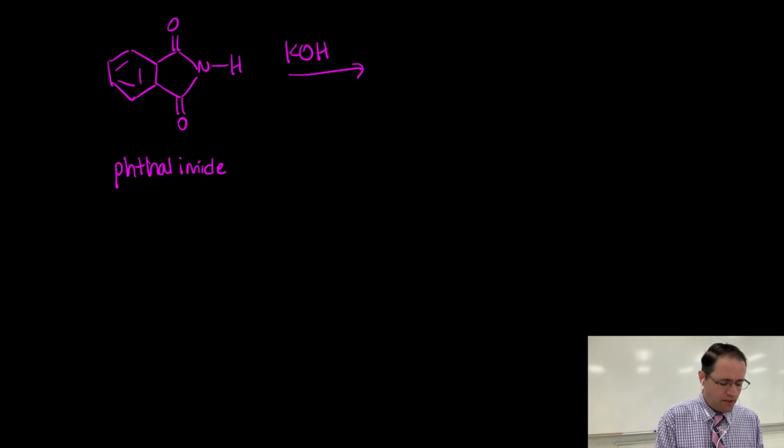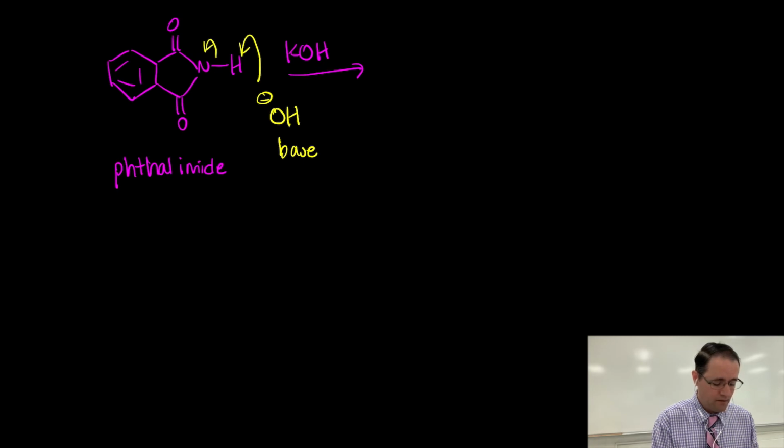Okay, it's kind of like an amide, but it has 2 flanking carbonyls, okay? Now, what we're going to do is treat this with potassium hydroxide. And down below, I'll just show you what the mechanism involves there. So hydroxide is a base, okay? And as you would imagine, the nitrogen here is quite acidic because the negative charge that you can produce there is going to be resonance stabilized across the 2 carbonyls that are present.